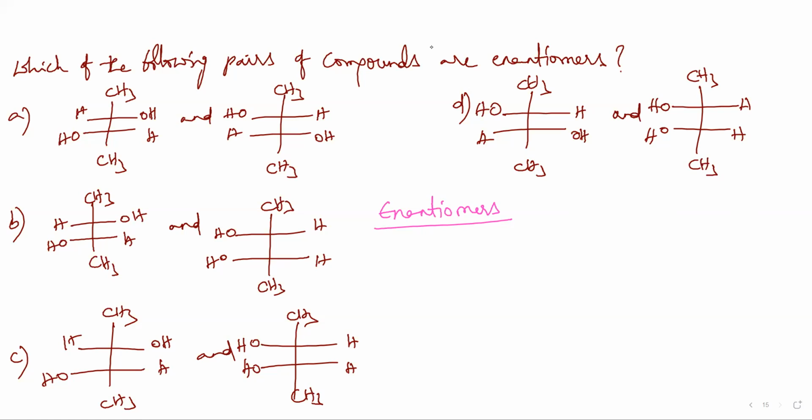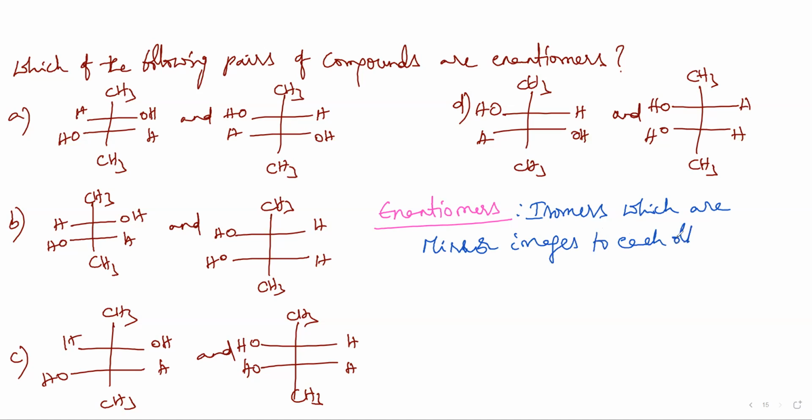Enantiomers means, yeah, your statement is correct: isomers which are mirror images to each other and non-superimposable.